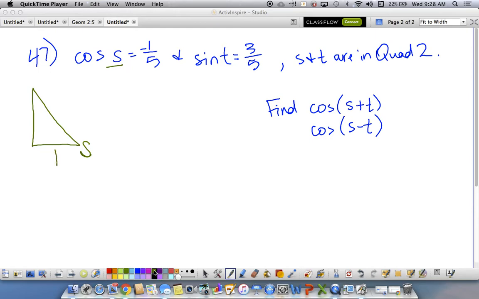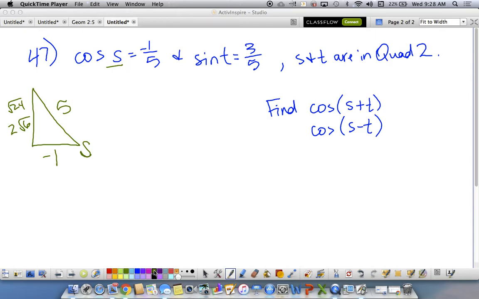I've got a 1 and a 5, or if you want to even say a negative. For quadrant 2, cosine has to be negative. What is my opposite? 25 minus 1, so it's the square root of 24, which I believe is 2 times the square root of 6. Is that true?